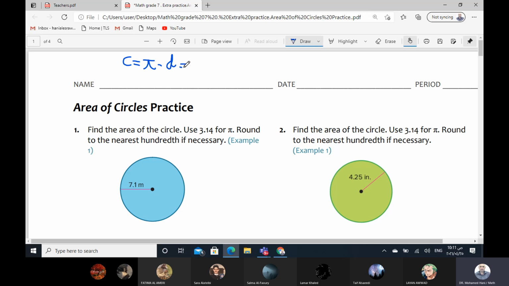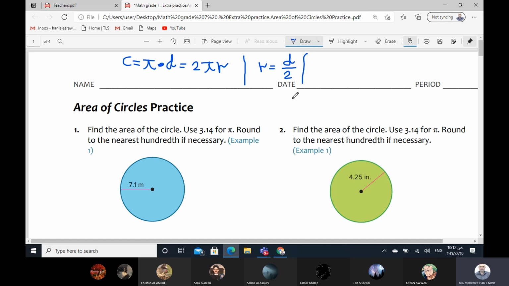And we have the second rule, 2 pi r. R means the radius. And as you remember, the relationship between the radius and the diameter: r equals half of d, or d divided by 2.